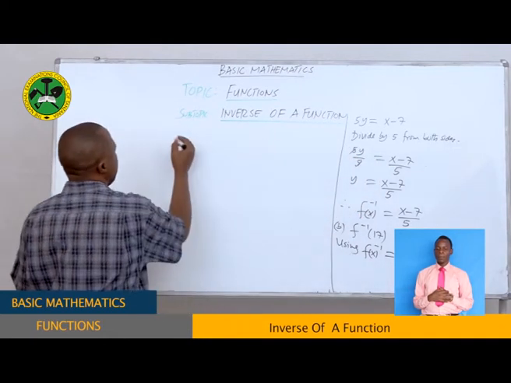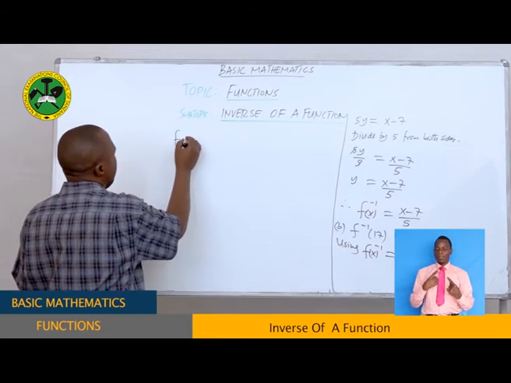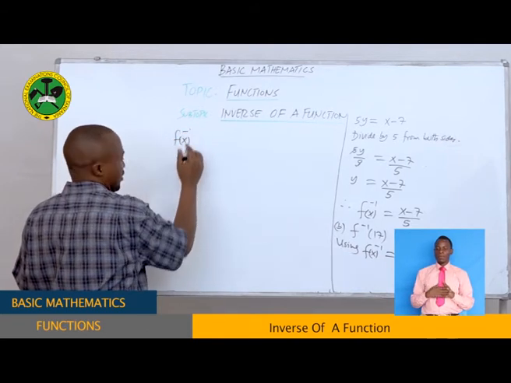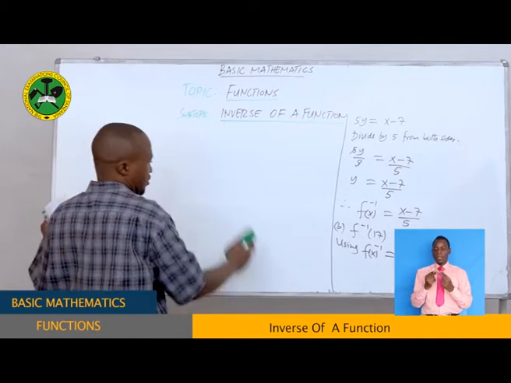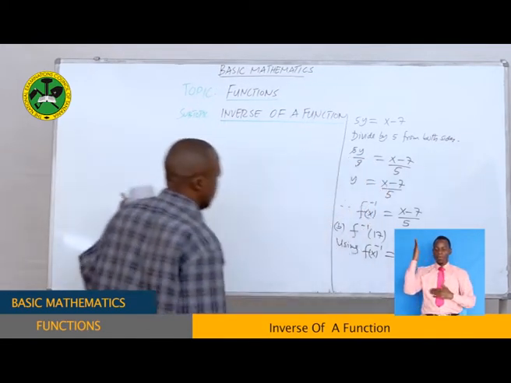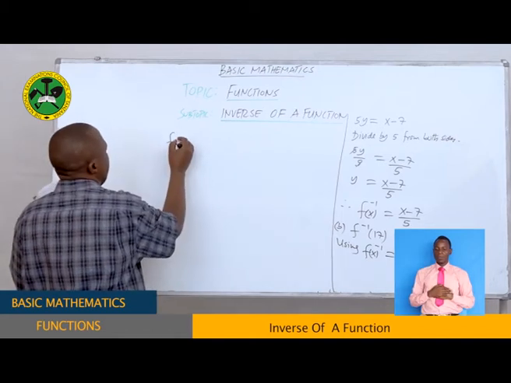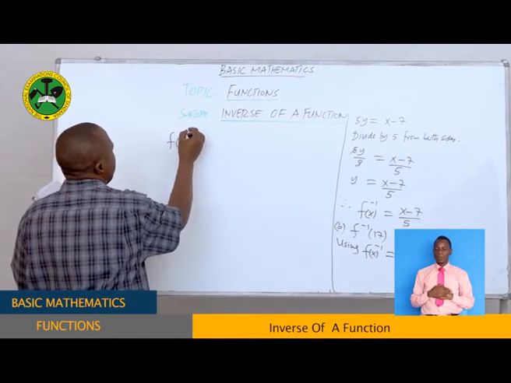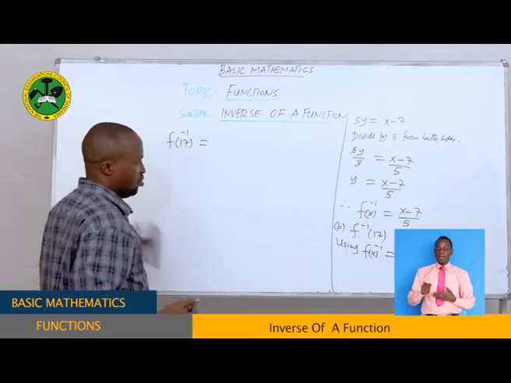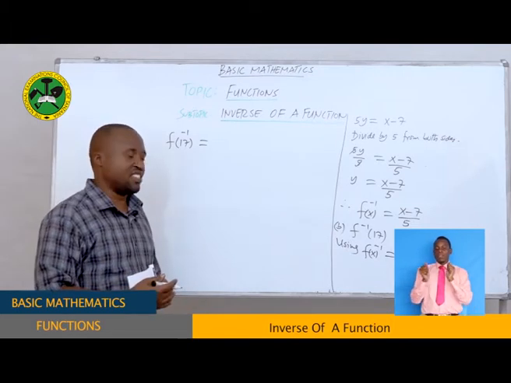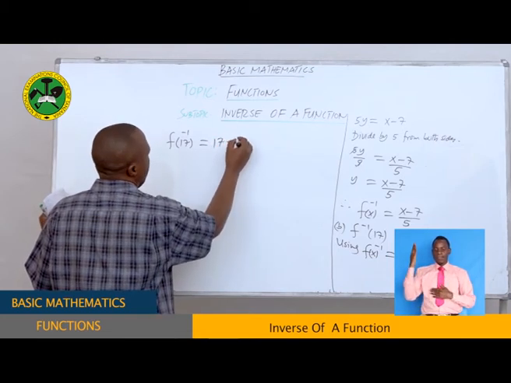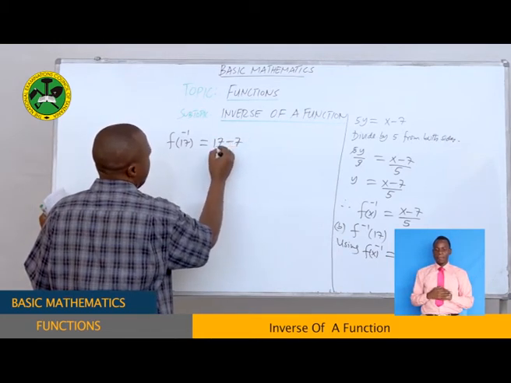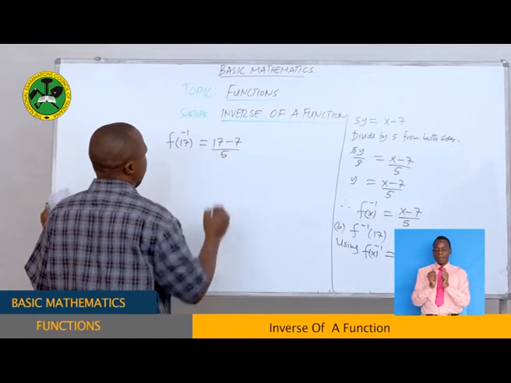So on substituting, we have f inverse of 17. This is equal to, so 17, that is x. So we have 17 minus 7 divided by 5.